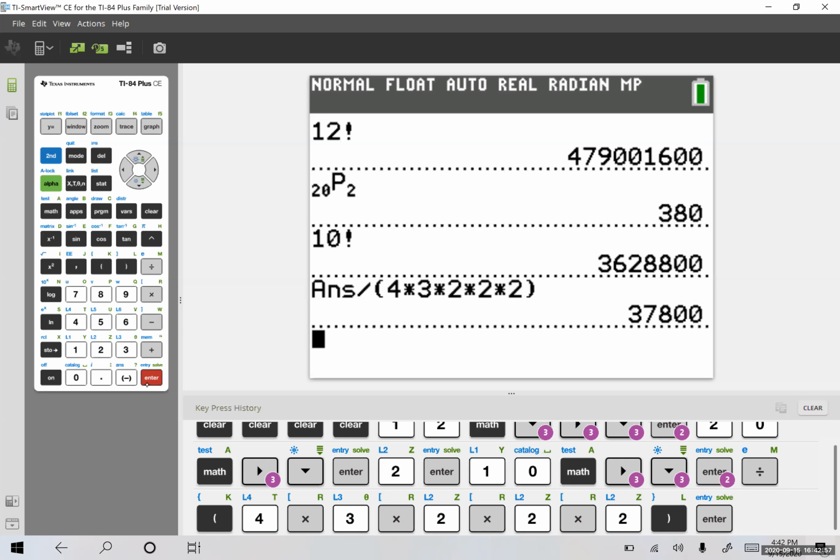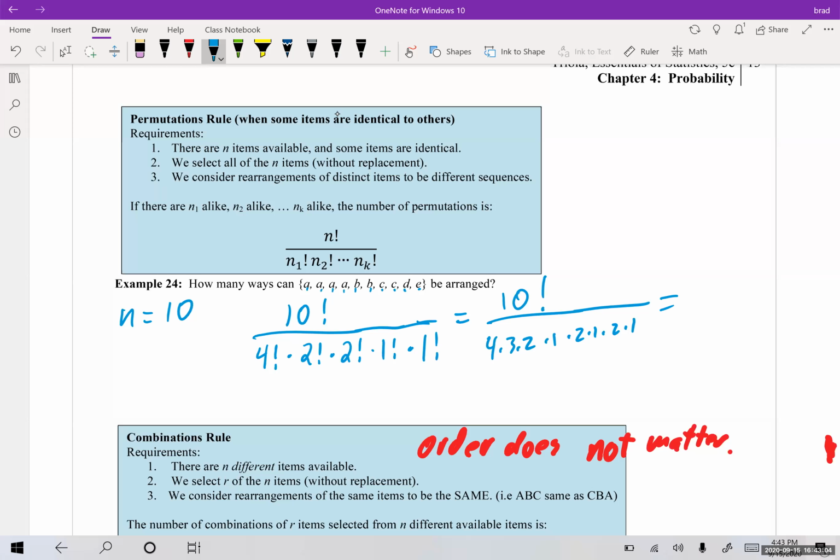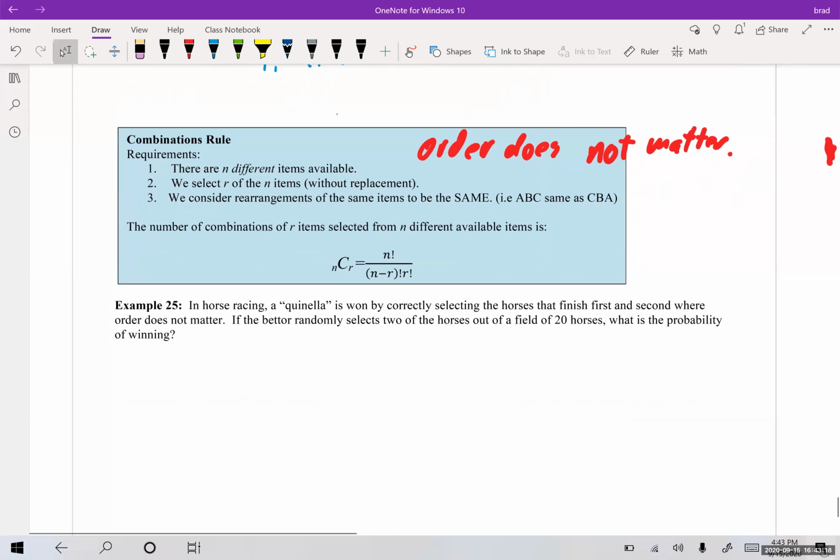And I get 37,800, okay? So we come back over here, and this is 37,800. Okay, so it says how many ways can these letters be rearranged, and we find out that it can be rearranged 37,800 ways.